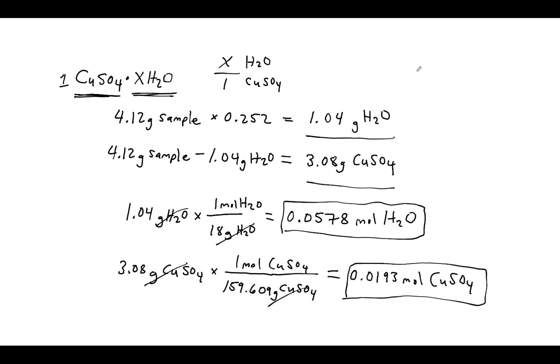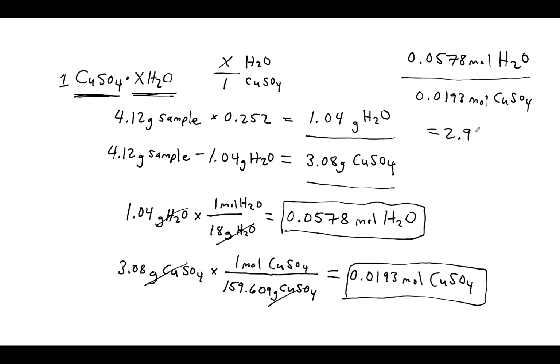So if we take our moles of water, 0.0578 moles of H2O, we put it over 0.0193 mole CuSO4, we get 0.0578 divided by 0.0193, about 2.99, right? 2.99, which is approximately 3.